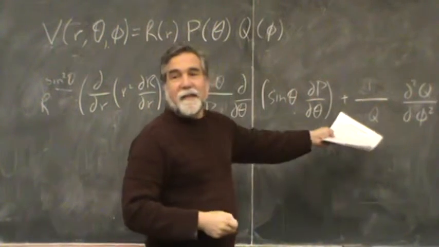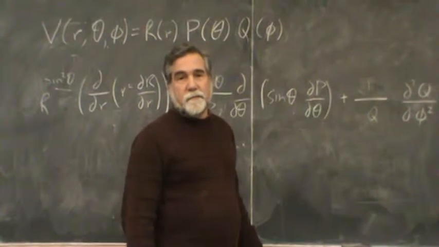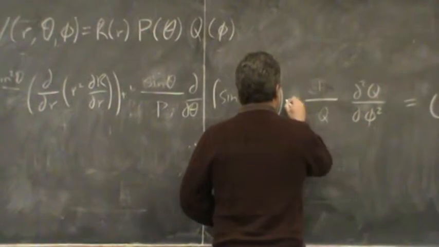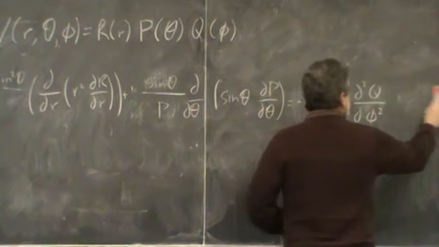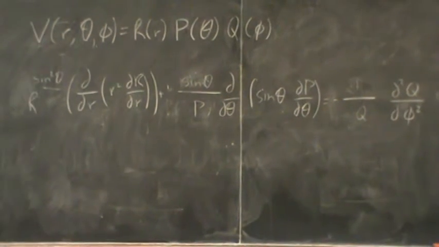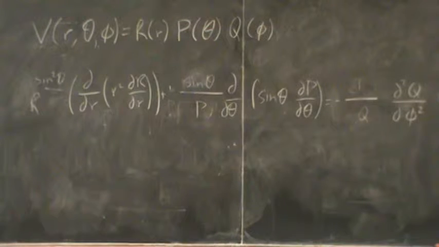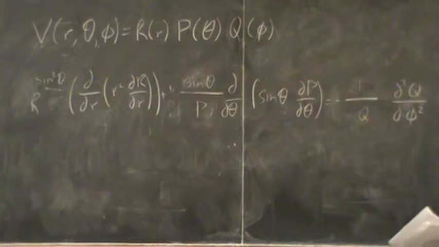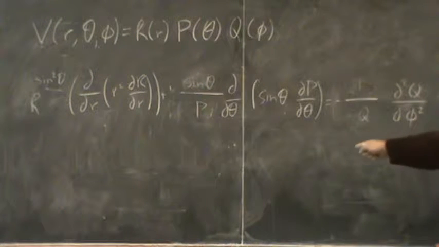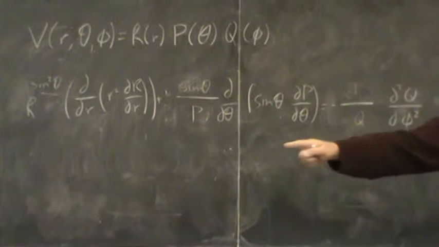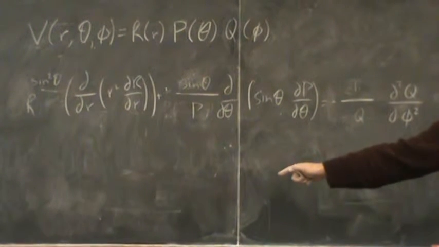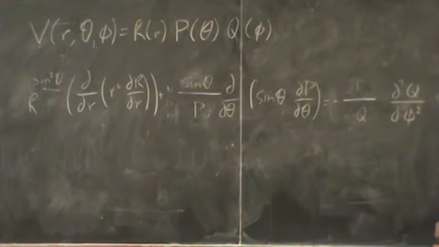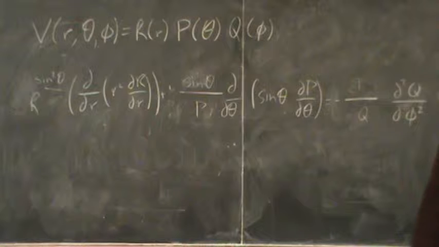I've got something here that's only a function of phi. On the other side of this relation is a function of r and theta. So I can suppose that these two things have got to be equal to a constant. Once again, because the azimuthal function for the potential has got to come back to itself, the potential is only allowed to be single valued.